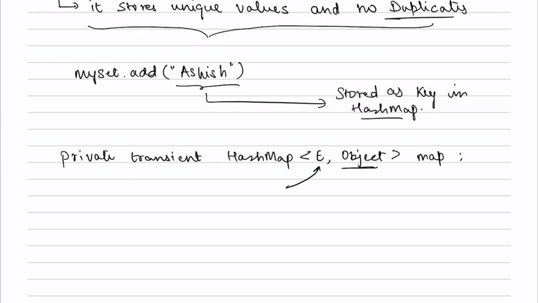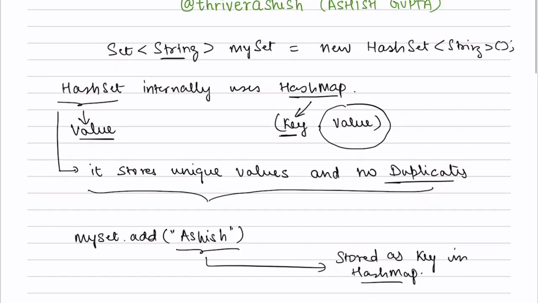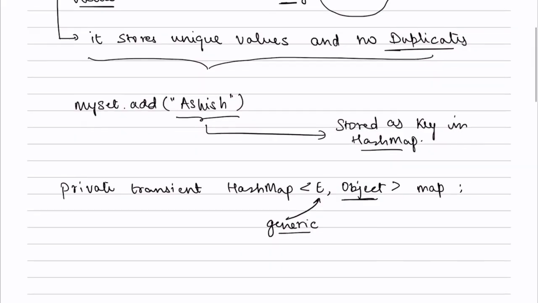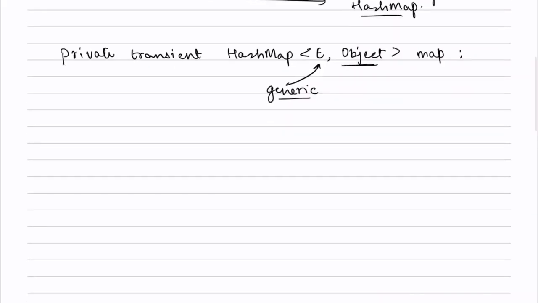This E is generic, which can be given by the user. For example, we have given String here, and similarly the user can give Integer or a custom object. So this is taken from the user, and the value will always be of object type.